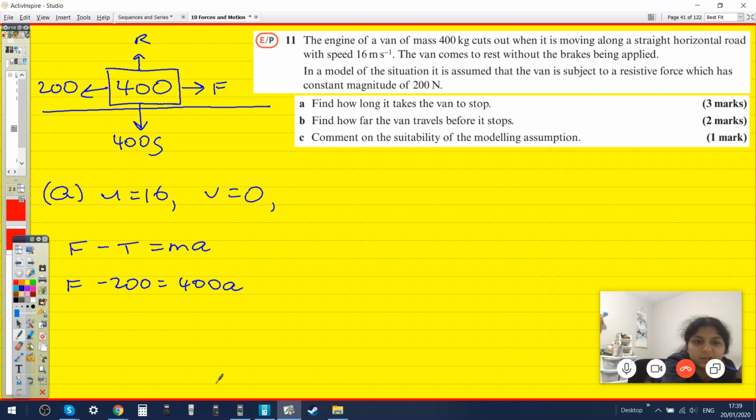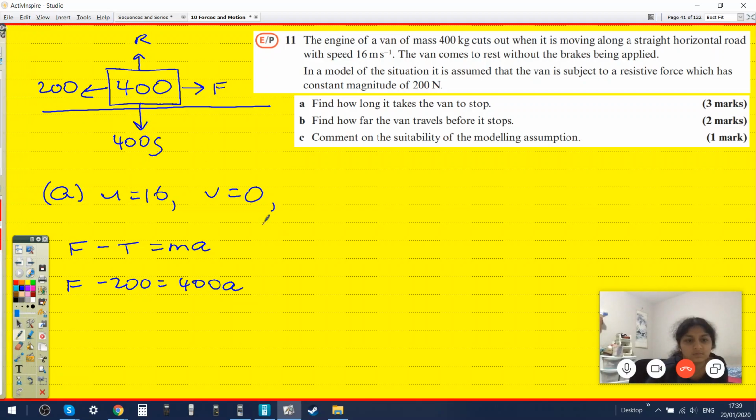Basically, the vertical acceleration won't affect the horizontal acceleration. Okay, but it's not accelerating vertically. Yeah, so A would just be 0. So the vertical acceleration is 0, but that doesn't affect the horizontal acceleration. I don't know how to do this question.